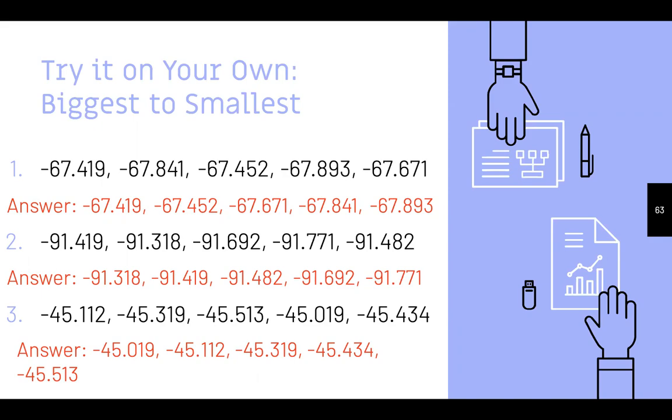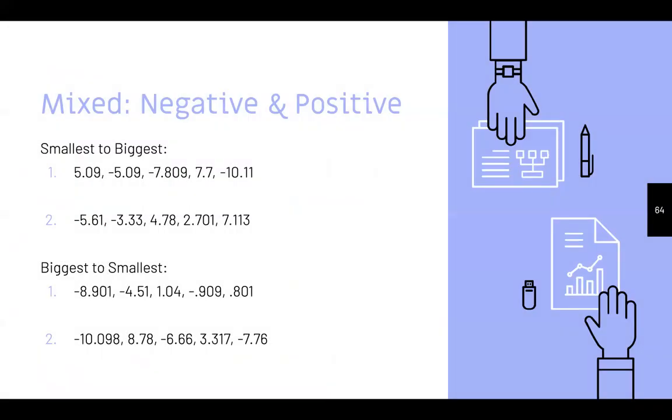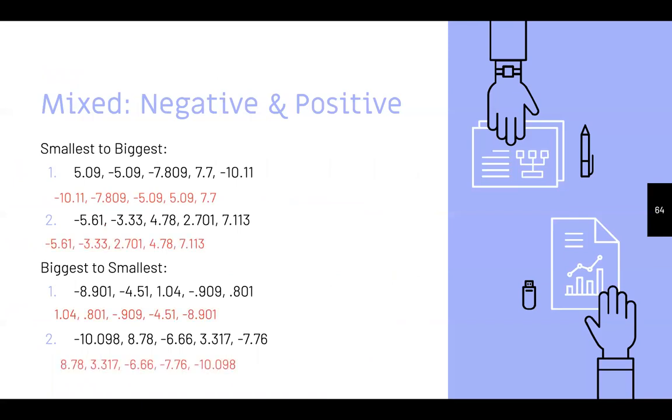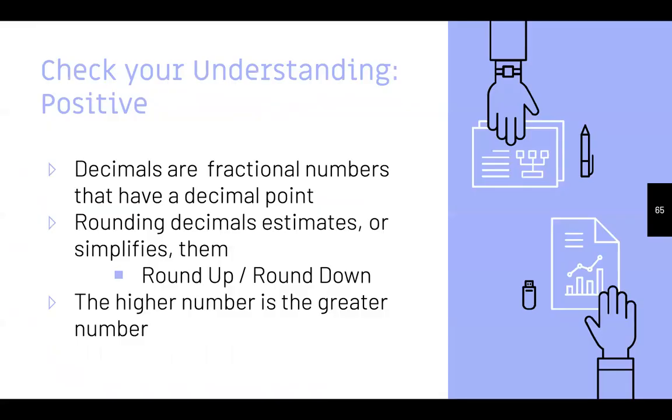If you were able to ace the other ones, I'm confident you guys can do these also. These are a little bit mixed. If you want to do some review, right? When dealing with the smallest, we take those negative numbers, compare the negative ones, positive, negative, positive. Biggest we want positive, then negative, positive, then negative.